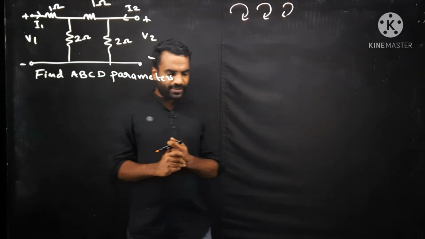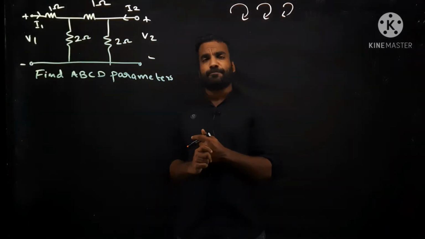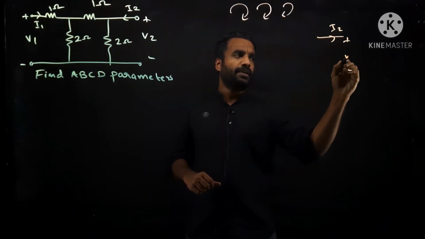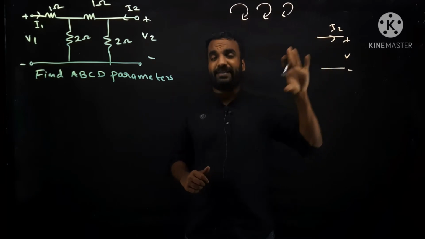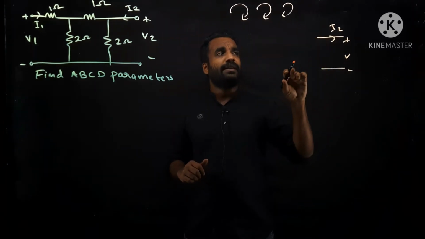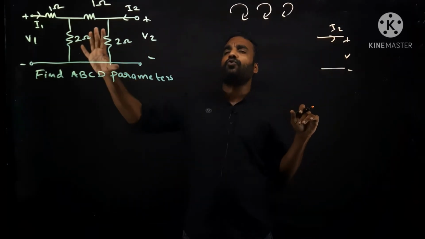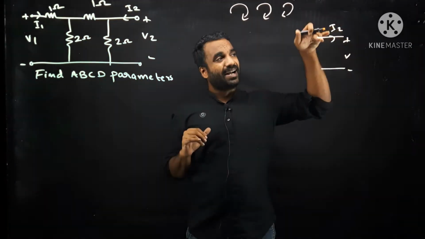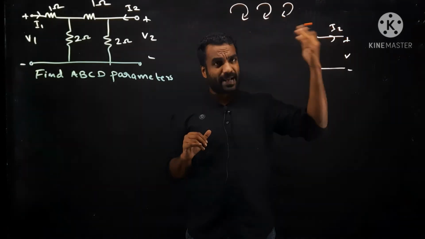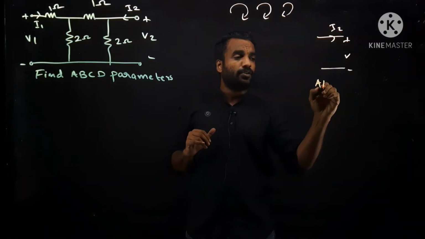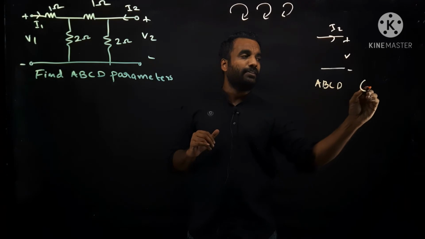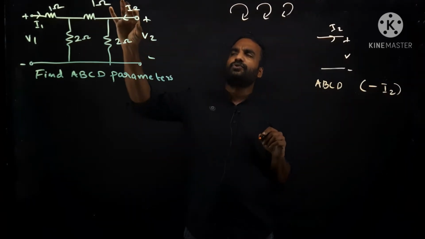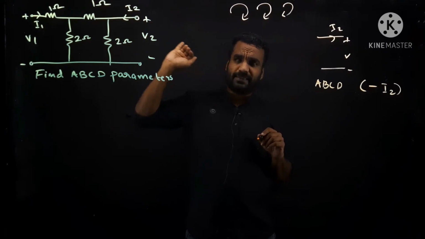You may have a confusion that I already told you I2 is going outside like this. Yeah, it is the practical case. In practical case, I2 is like this, but for any two-port network, the standard direction is this only. And we accounted this practical direction in case of ABCD parameters with minus I2 in the derivation. So in problems, you have to take I2 by this only.